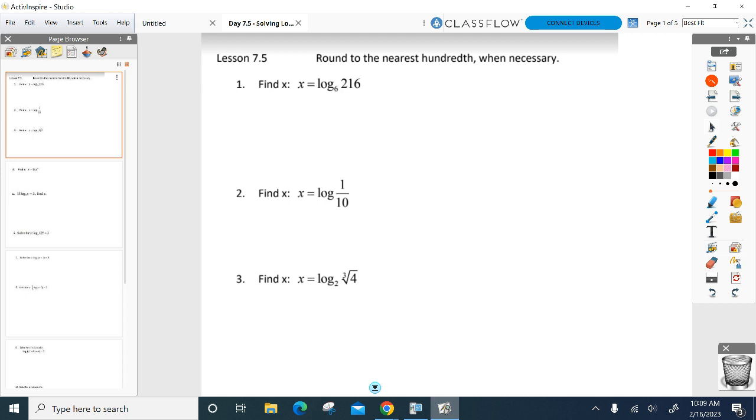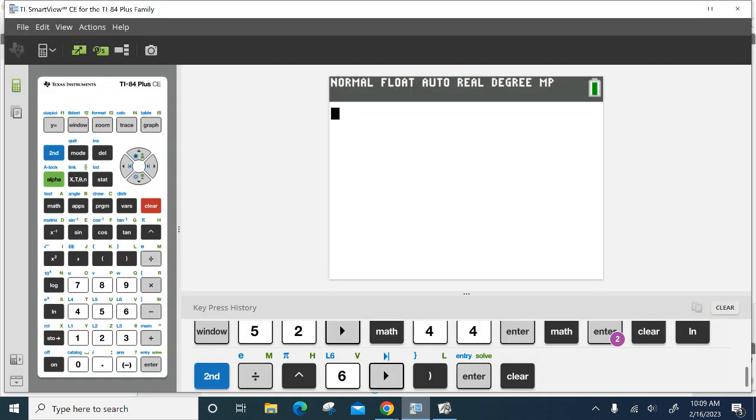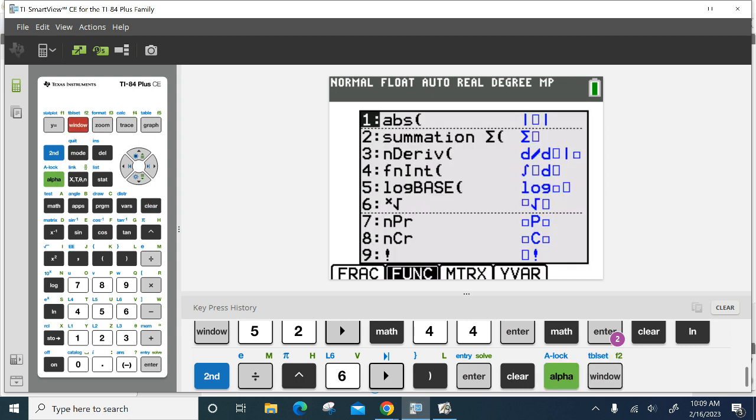But the first four can all be done in your calculator. These new versions of the calculator already have log on them. Back 5-6 years ago, before these came out, you had to do these problems the long way, and that's probably why I kept them on there. But if it says x equals log base 6 of 216, we go to the calculator, log button, alpha window, and you'll see choice 5.